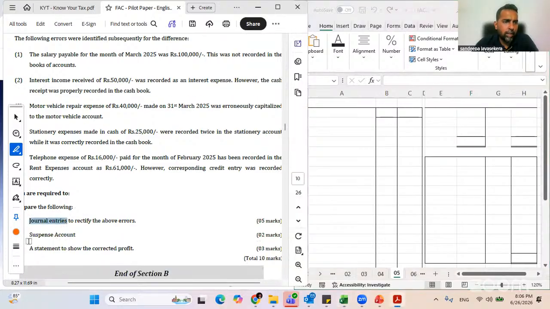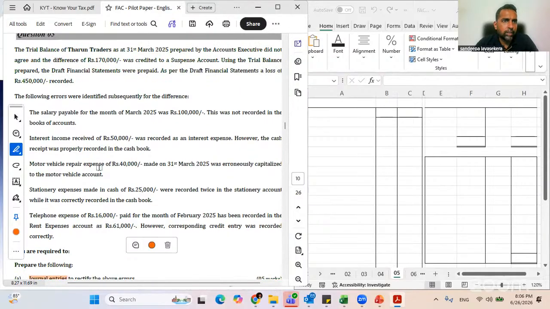You need to prepare the journal entries, suspense account, and a statement to correct the profit for 10 months. You got around 7 transactions. They're saying the trial balance of Tarun Traders prepared by the account executive did not agree. The difference of 170 was credited to a suspense account. Using the trial balance, the draft financials were prepared and there was a loss of 450.